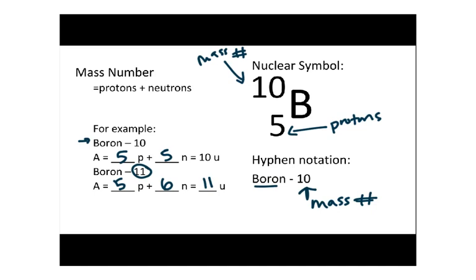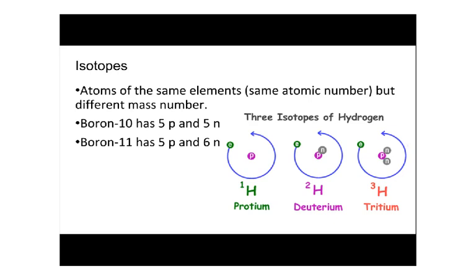That's why our average of all the atoms in the whole universe is a decimal, because some of those atoms, even though they're the same because they have the same number of protons, have different numbers of neutrons. We call these isotopes. So isotopes mean the same element, so here's the example we just saw, the same element, boron, has the same number of protons but different numbers of neutrons.